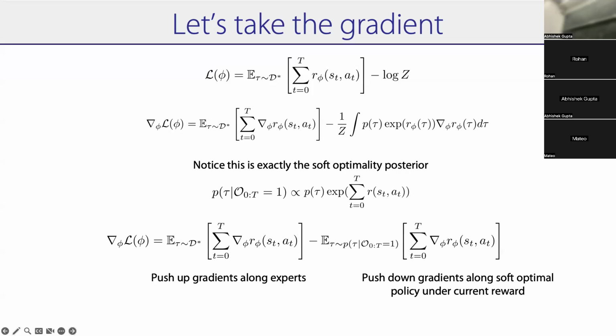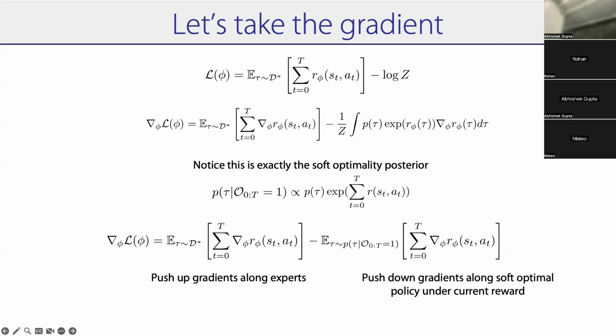Let's connect this back to the first version of IRL we did, max margin. We said we're going to be better than everything else. Here we're saying we're going to make our stuff more likely and everything else equally more unlikely, and everything else here is going to be on-policy data. Under a current estimated reward function, we find the optimal policy and push it down.